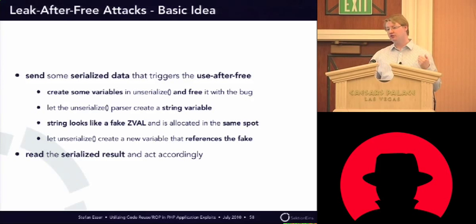And what you can do now is use the reference in the unserialize to create a reference to the already freed variable. And because instead of the variable there's now your string, you have full control over the variable that is created inside of PHP, because you can change the binary representation of the variable in memory.